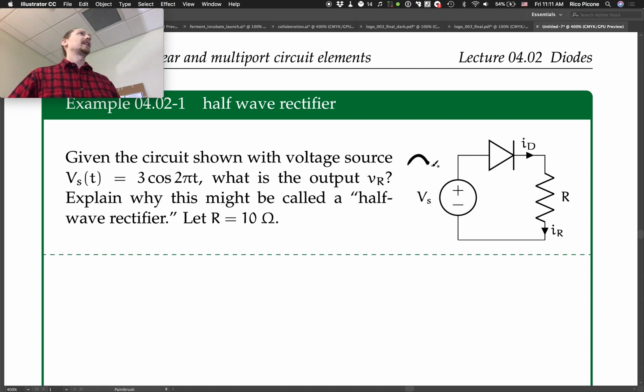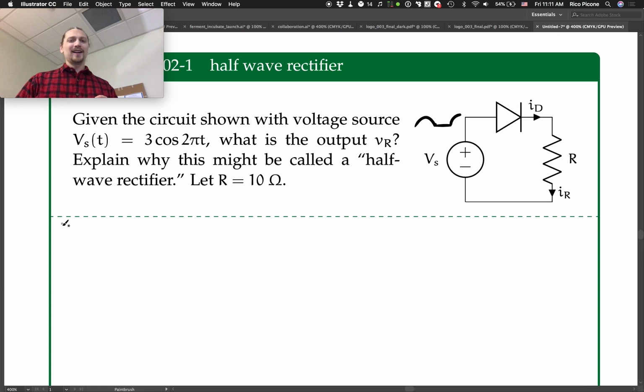At some point it's going to get low enough to shut off, and then it'll be 0 volts coming out, and then it'll be back on. That's what we're thinking. Now let's go through methodically and do the analysis, because this is easy to do with one diode, but harder when you get more diodes.